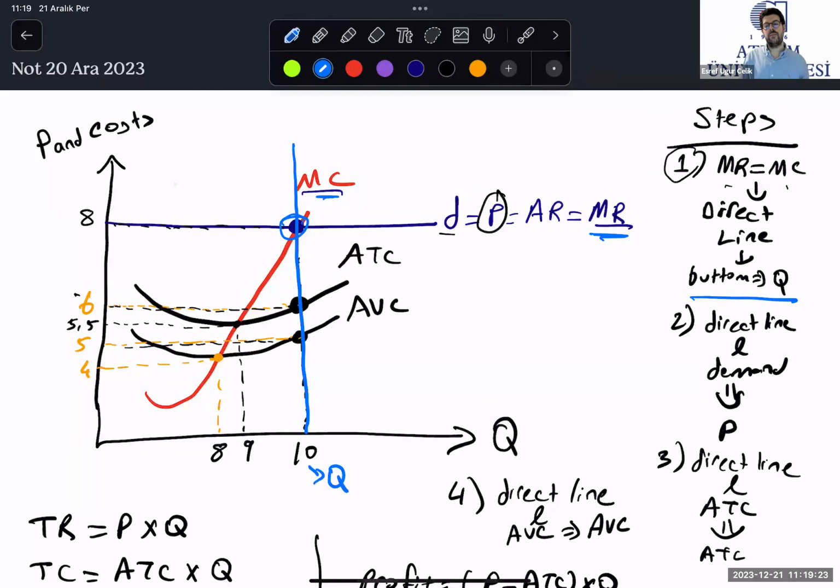Then we find the intersection point of the direct line and ATC. It's over here. That gives the value of ATC, 6. Then the intersection point of the direct line and AVC. It's over here. It's equal to 5.